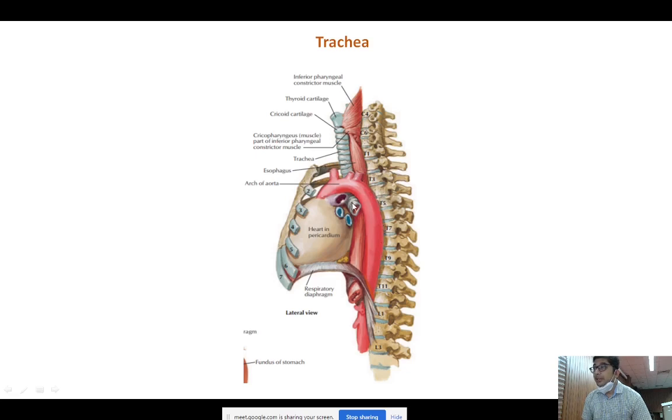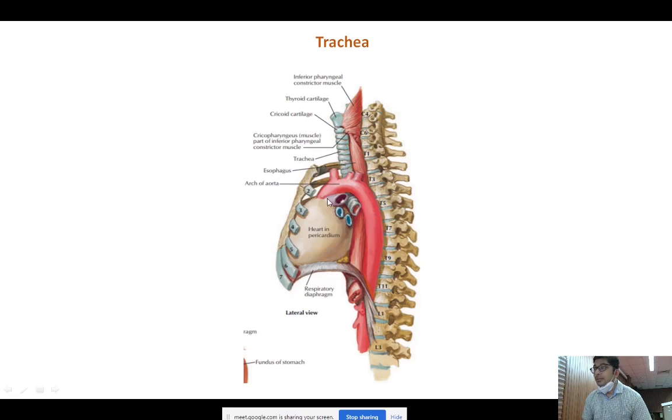The trachea bifurcates here. There is the ending of the ascending aorta and the starting of the descending aorta. This line, so the arch of the aorta lies above it. So these are some importances of the sternal angle.